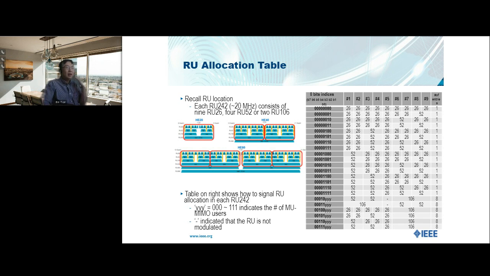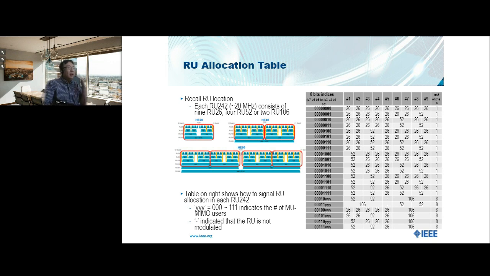The next entry is another iteration saying I have all these RU26, but the last ones, instead of RU26, are merged into an RU52 assigned to a user. So you can see this table is basically trying to list all the possible permutations of the RU assignment.